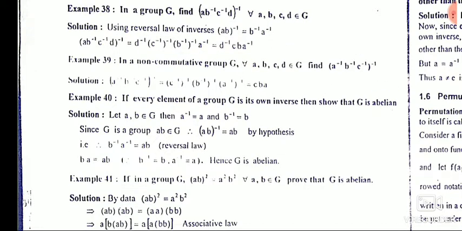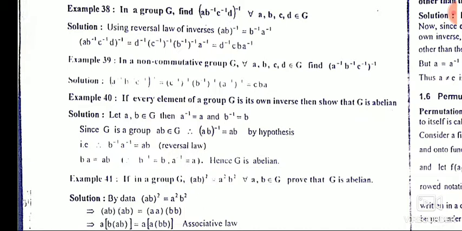The next one, in a non-commutative group, they have just mentioned that it is not commutative at all. So in a non-commutative group G, A, B, C, D all belong to G, we have to find what is (A inverse, B inverse, C inverse) whole inverse.